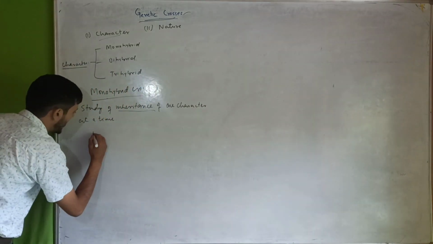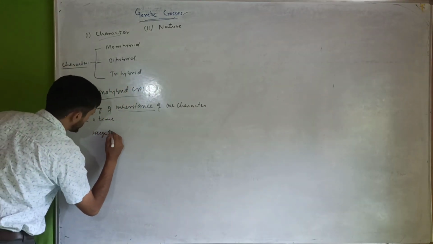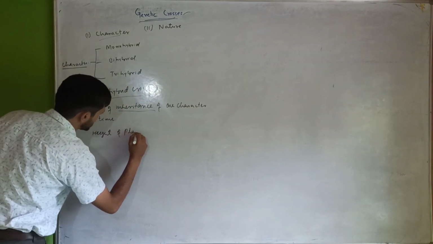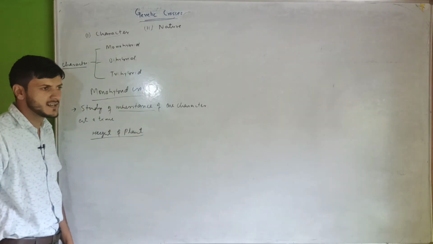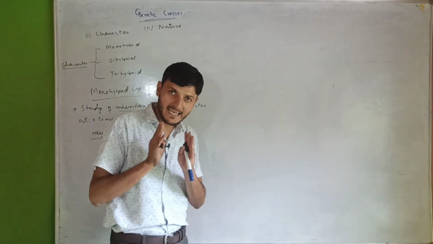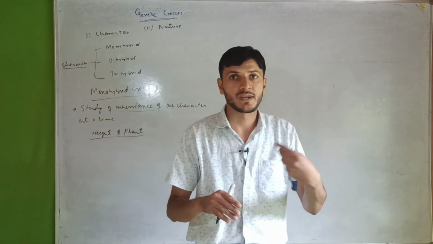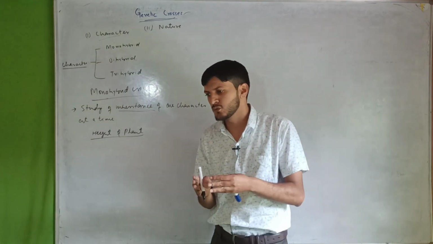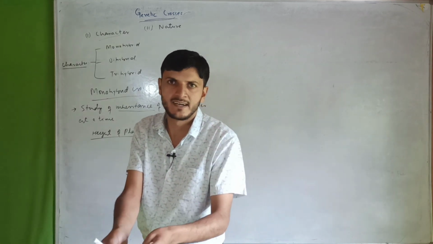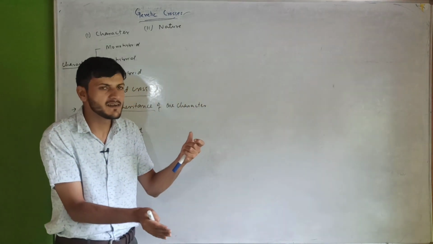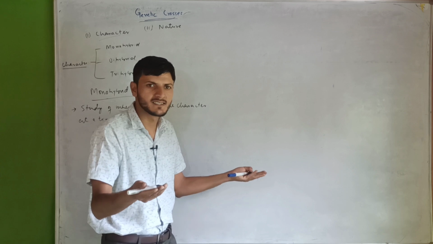For example, height of a plant. This is the one character. As you know, every character has two different forms. Suppose I am moving along the roadside. I see so many plants.